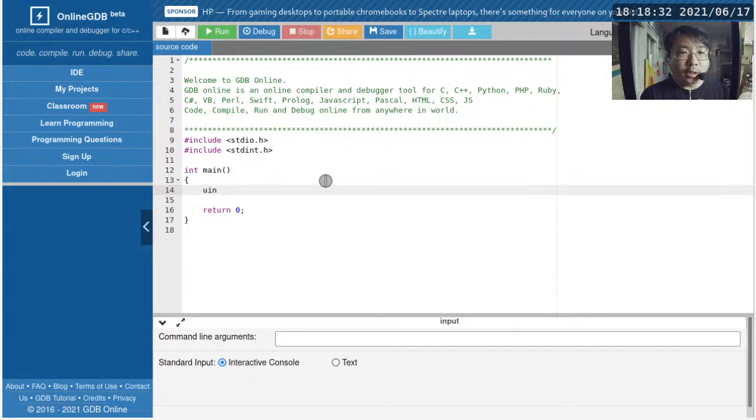So we have uint64_t to specify an unsigned 64-bit integer. That's going to be, quote unquote, the mantissa. Okay, so we'll say this is the mantissa.